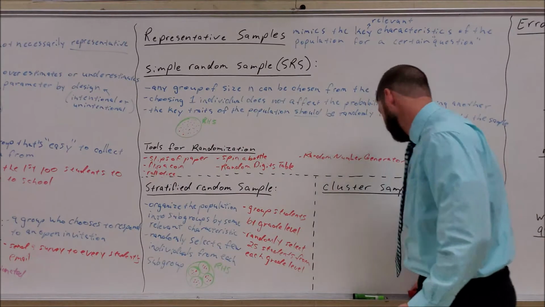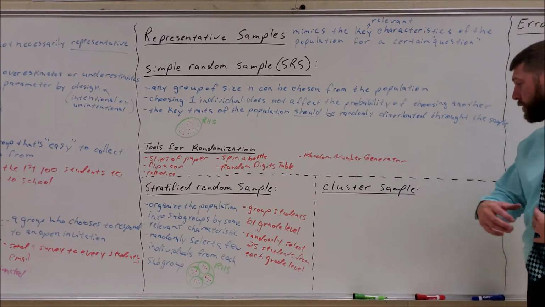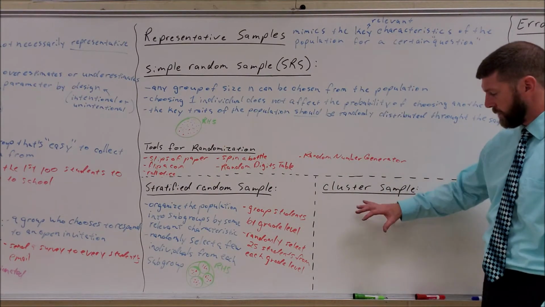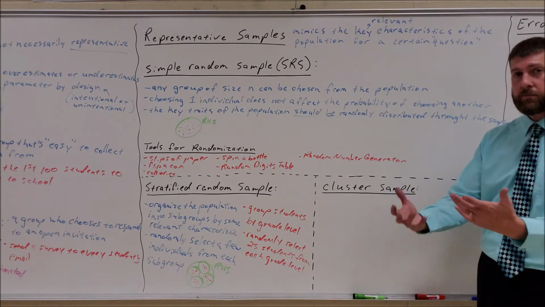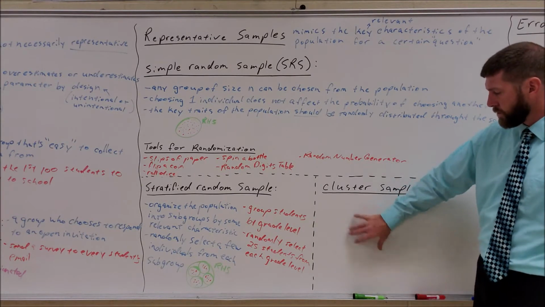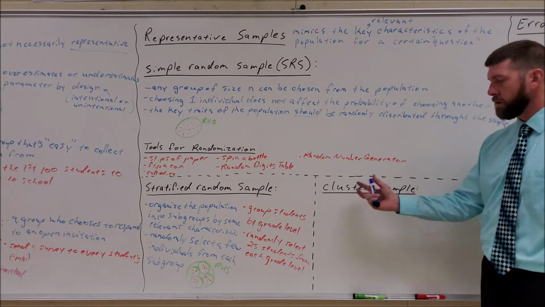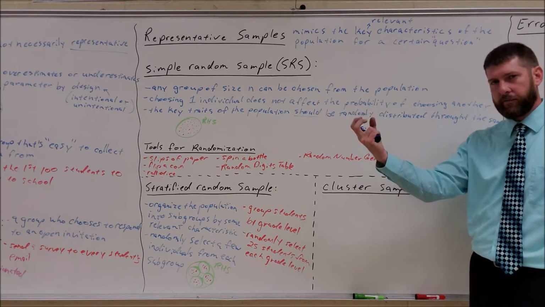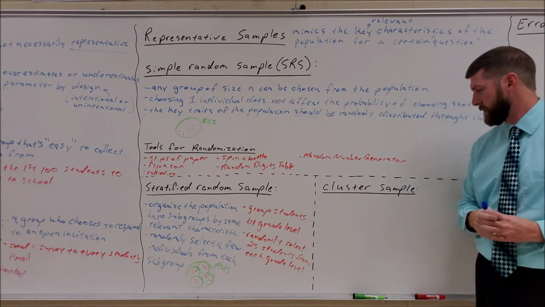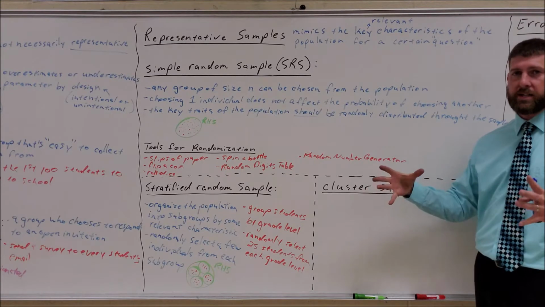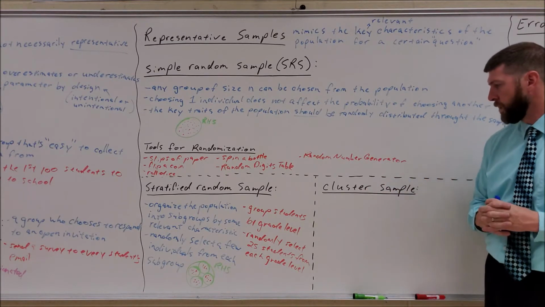Now another sample that, in this situation, I don't think is as good a type of sample, but there are some scenarios where it is. So cluster sampling. I think cluster is kind of grouping things, right? So kind of putting things together. So clusters are usually natural groups.